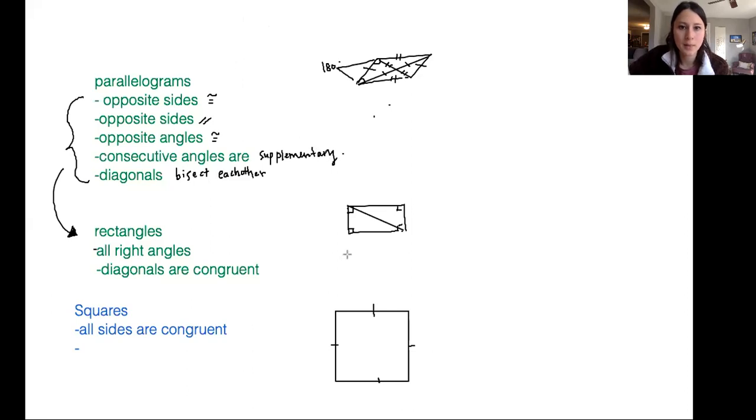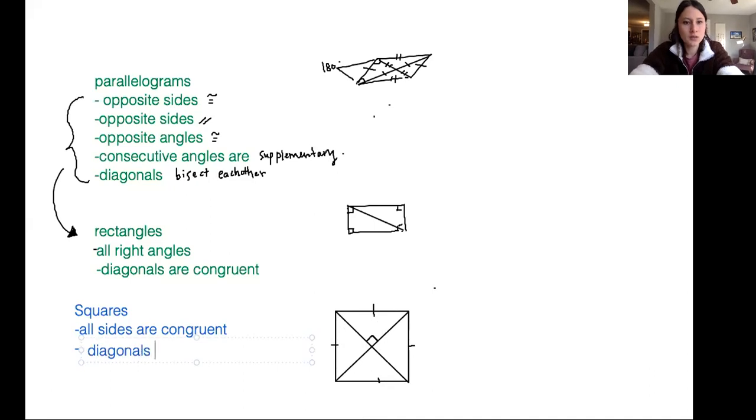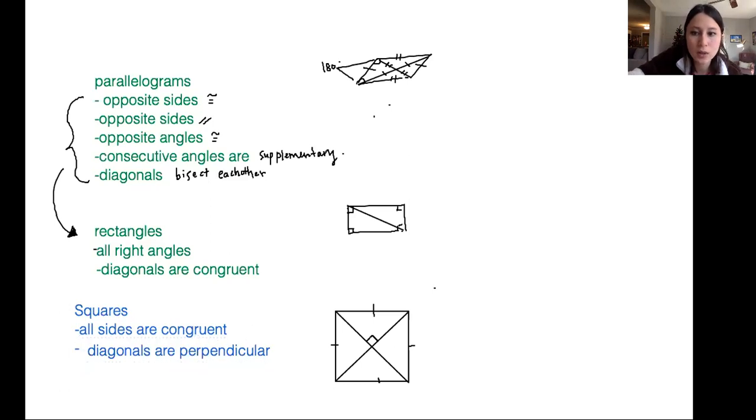Something that's interesting about the diagonals is that they actually also form 90 degrees. Diagonals are perpendicular. That's a new one. That's not one that we've seen before. So diagonals are perpendicular. That is something that is unique and specific to a square.